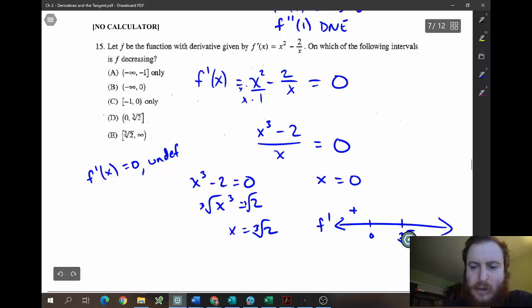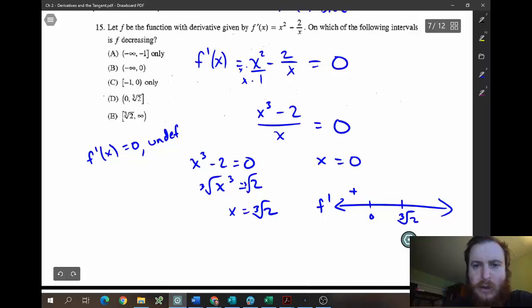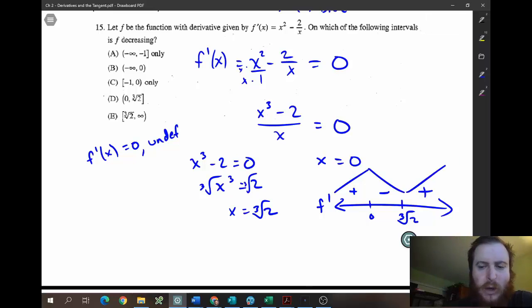Next, plug in something smaller than the cube root of 2, and we could plug in 1. 1 squared minus 2 over 1 is 1 minus 2, which is negative. And if we plug in something bigger than cube root of 2, like say just 2, 2 squared is 4, and 4 minus 2 over 2 is 4 minus 1, which is 3, positive. So it's increasing, decreasing, and increasing. So it says on which intervals is f decreasing? That would be from 0 to cube root of 2.